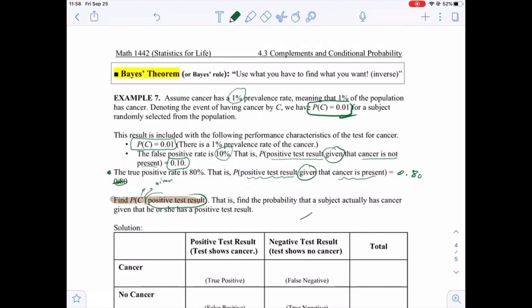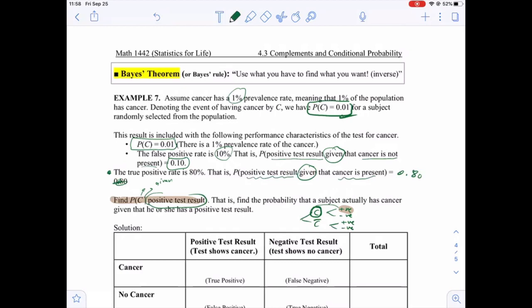So people may have cancer or not have cancer, that's C bar, the complement of the people who have cancer. And then the test can be positive or negative. Here in this question, the probability of C, having cancer, given that the result is positive. So we already know that the result is positive. Now what's the probability that the person has cancer?